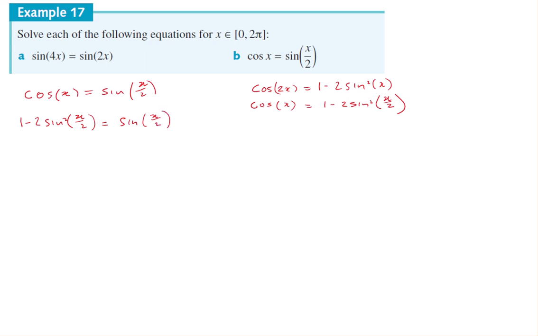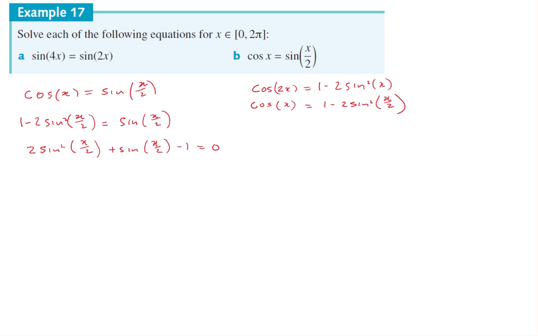So now what we're going to do is make that a quadratic. I'm going to move everything to the right hand side to make things positive. So I'll have 2 sine squared x on 2 plus sine x on 2, because that didn't move, minus 1 will equal 0.